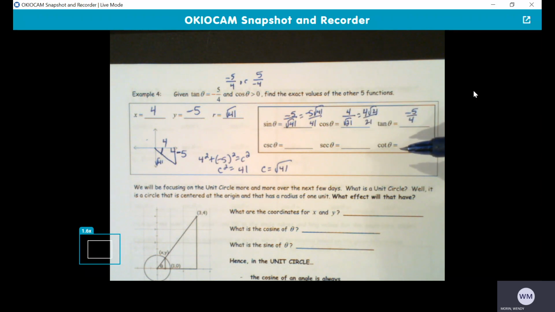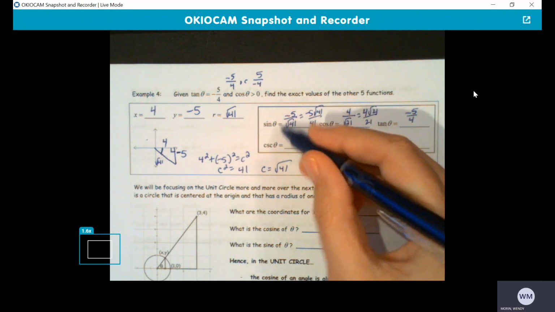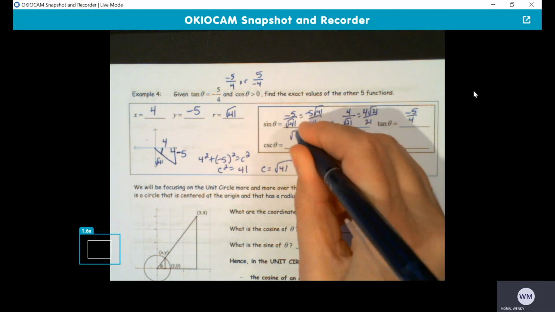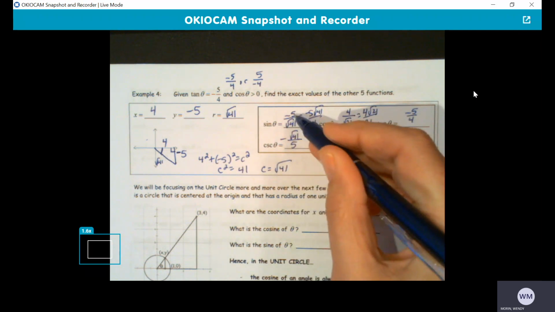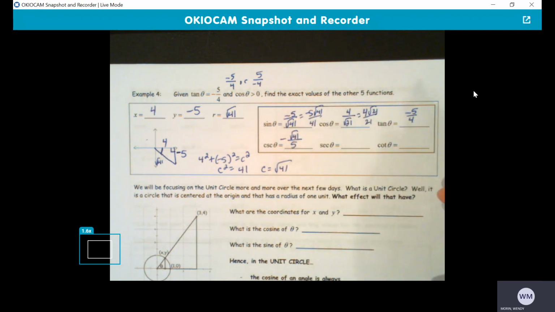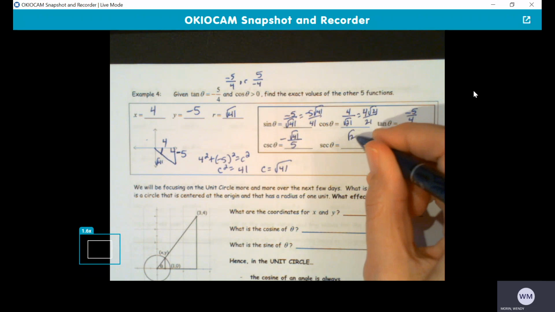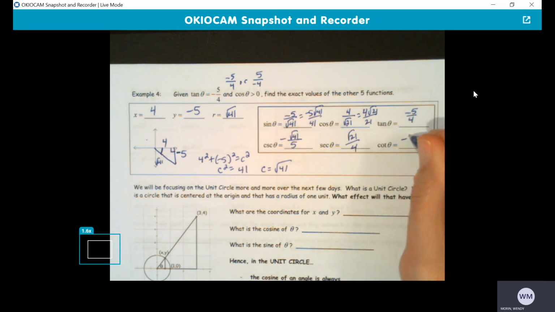That's going to be useful in the near future. So if I flip this over, it's best to flip over the unrationalized one, so I don't have to worry about rationalizing. Square root of 41 over 4 and -4/5. Okay, so that's the end of the first part of the lesson.